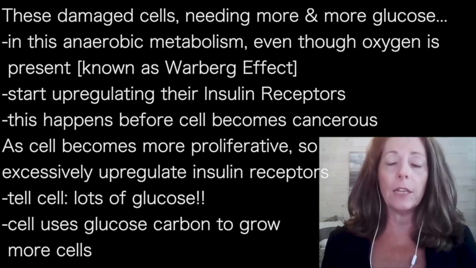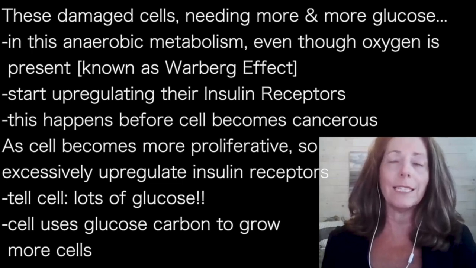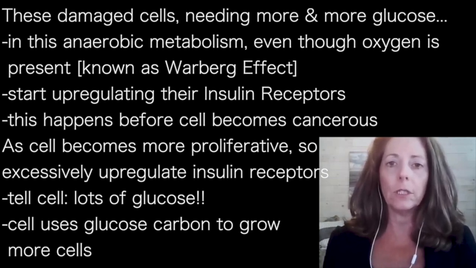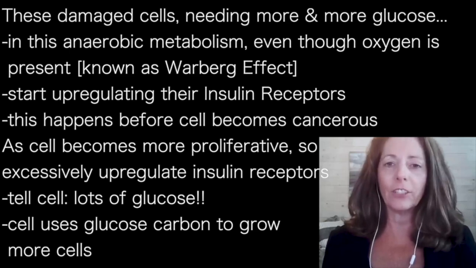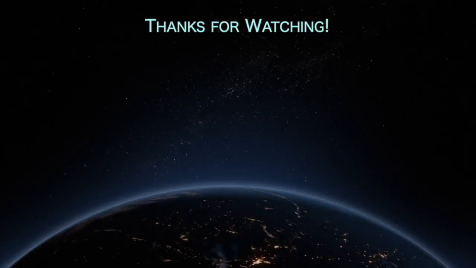Again, insulin's the key to the door, pulling that glucose in and telling the cell, hey, there's a lot of glucose out here. So the cancer cells use the carbon molecules in the glucose structure to build new cells. And these insulin signals are further growth factors for the cancer cells. The cancer cells are being told, hey, there's lots of glucose around, bring it on in and let's use it.